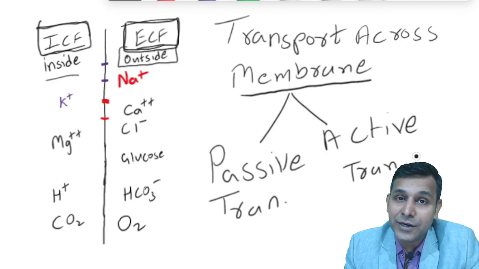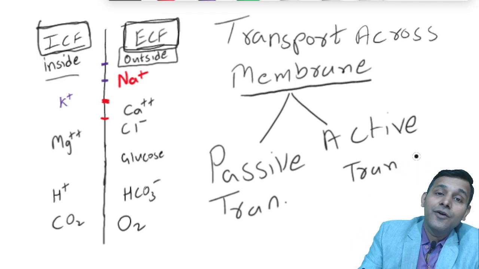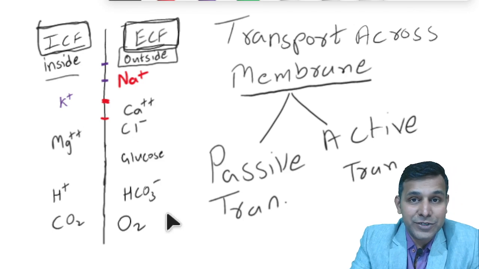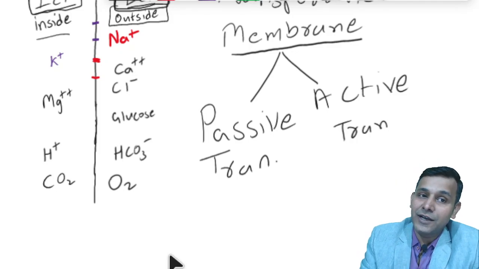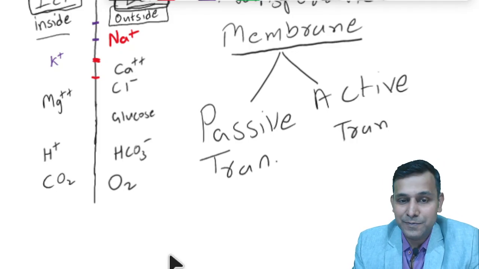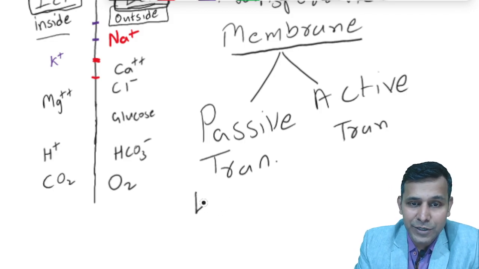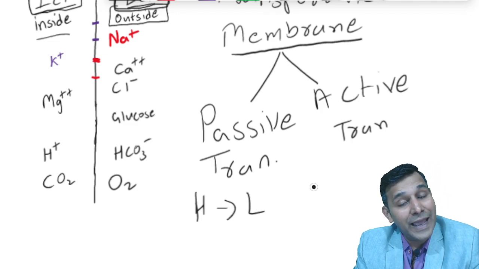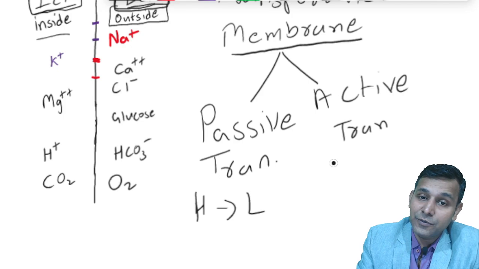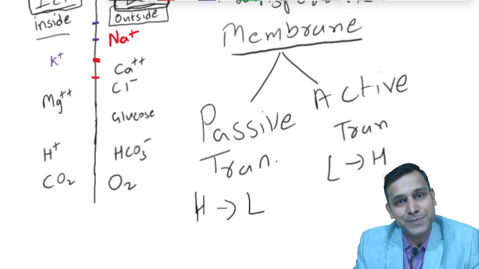Whereas active transport is a transport where the substance is moving from lower concentration to higher concentration. So I'll repeat once again: in passive transport, the substances are moving from higher concentration to lower concentration, whereas in active transport, the substances are moving from lower concentration to higher concentration.